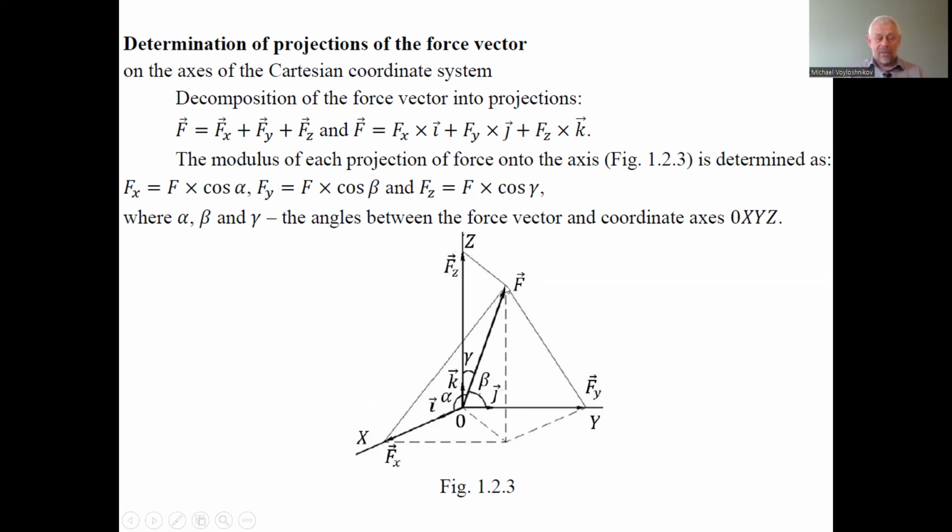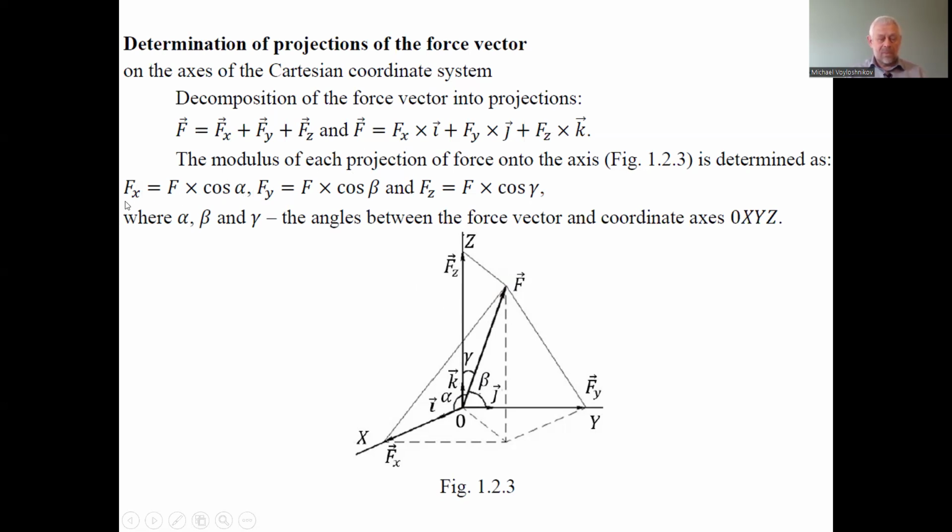Beta is the angle between the force F and the axis y, and gamma is the angle between the force and the axis z. So each magnitude of the projection on each coordinate axis we can find as a product of the magnitude of force and the cosine of the corresponding angle.